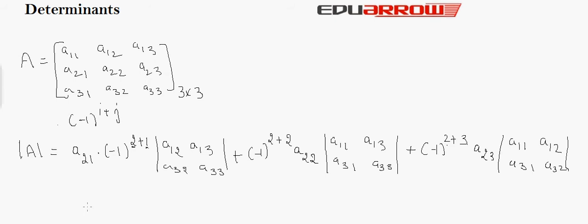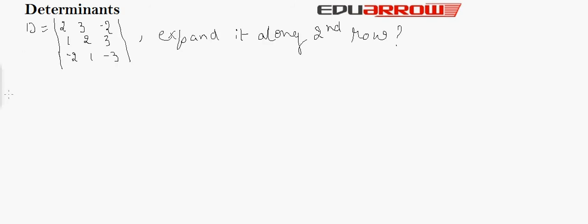Similarly, we can expand the determinant along any row and any column. Now let us see this through an example. Here in this example, D is given and we have to expand it along the second row.